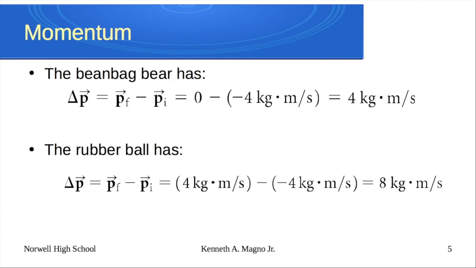It too had been falling at -4 meters per second, so it has a -4 kilogram meters per second initial momentum. When I do final minus initial, I end up with 8 kilogram meters per second for the change in momentum of the rubber ball. So even though they both have the same initial momentums, because one stopped and one bounced back up, they have different changes in momentum.